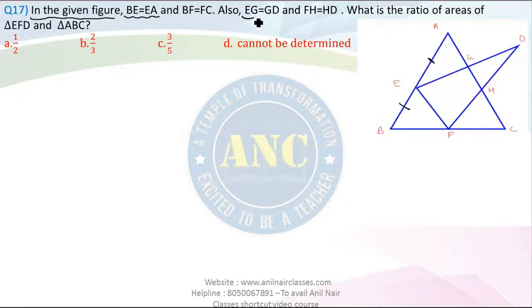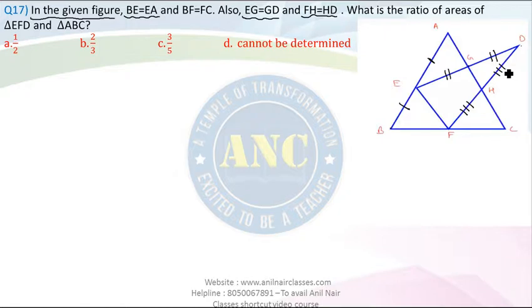Next, EG is equal to GD. What is the meaning of EG is equal to GD? EG is this part, GD is this part. EG and GD both are same once again. Similarly, FH is equal to HD. FH, this particular line, HD, this particular line, they both are absolutely same.